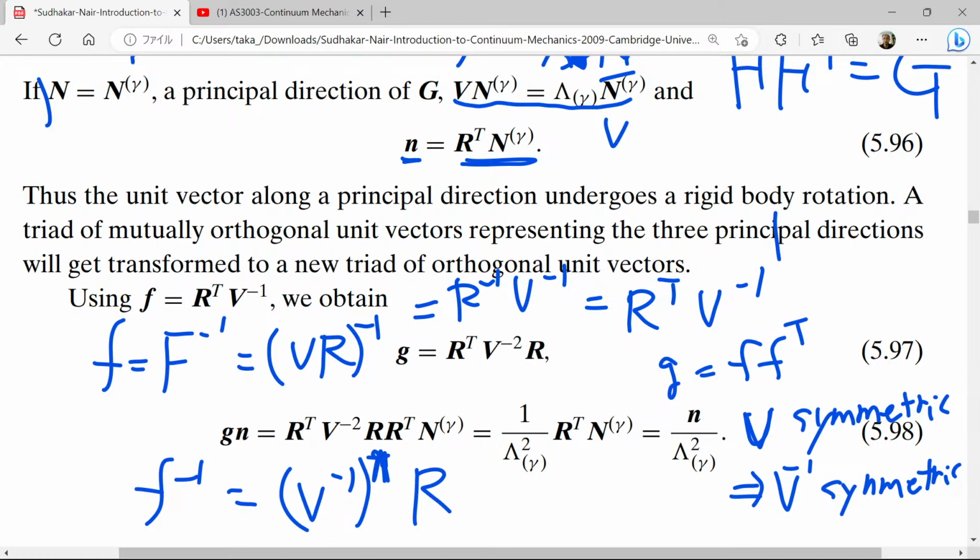So you multiply F times F transpose. No, I'm sorry, F transpose.